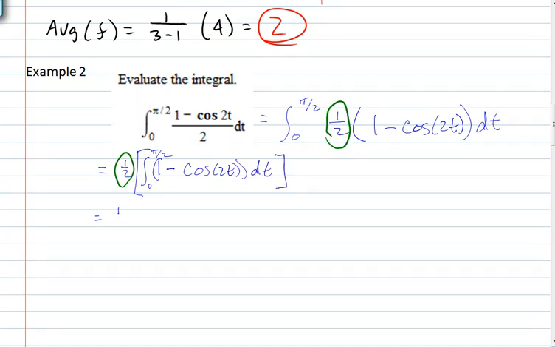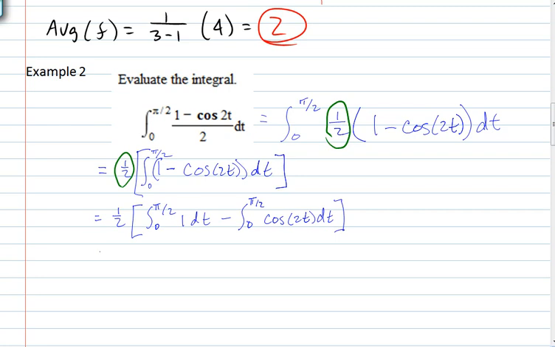And that's 1/2 times, and then I distributed the integral across this subtraction: the integral of 1 dt minus the integral of cosine 2t dt. Okay, does that help?